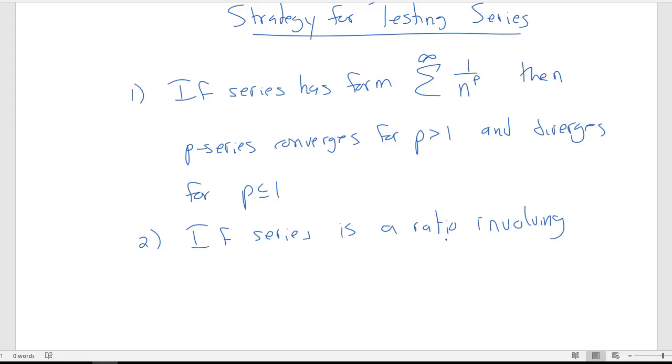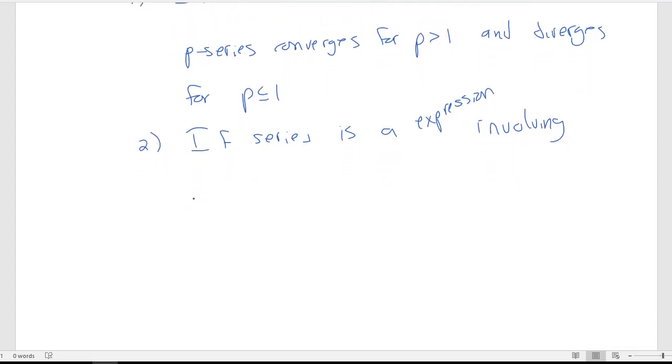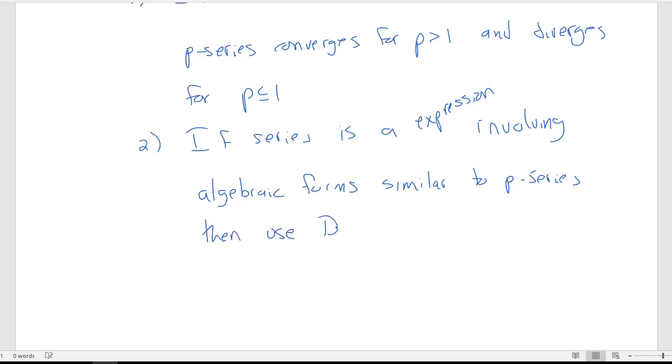If it is an expression that involves really only polynomial-esque or algebraic types of functions, similar to a p-series, then we would use what some books call the direct comparison test, or better yet, the limit comparison test.